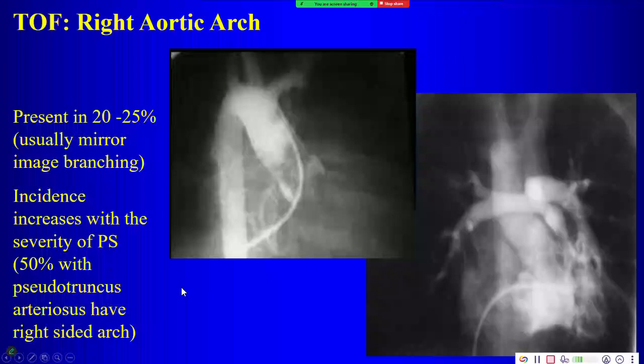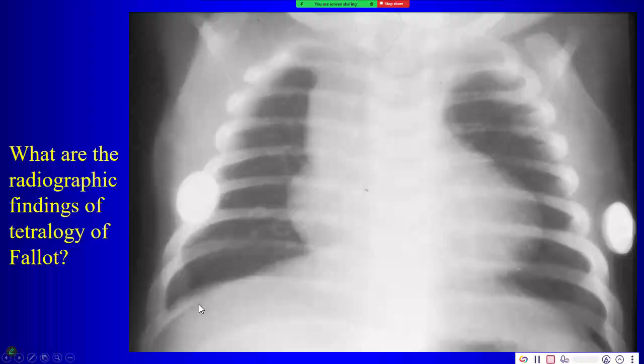So tetralogy of Fallot and truncus are two congenital heart diseases that are associated with mirror image branching in a right aortic arch. The severity of the pulmonic stenosis tends to also increase with the frequency of the right arch. So those patients with a right arch tend to have more severe pulmonic stenosis.